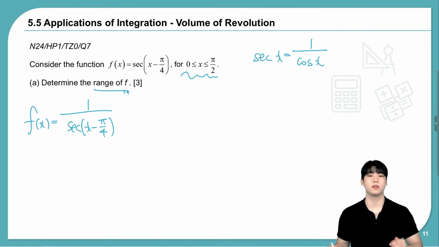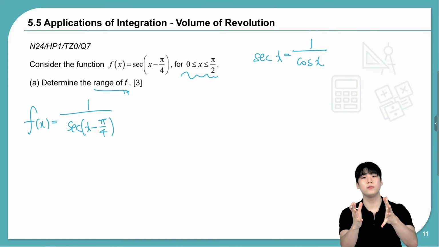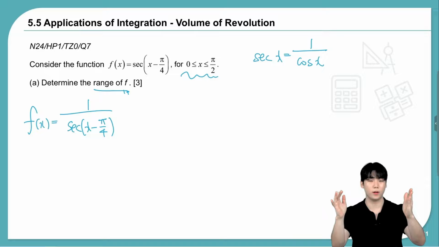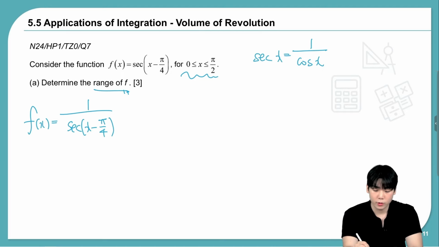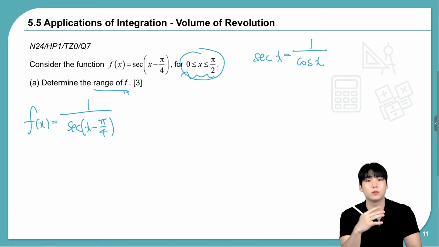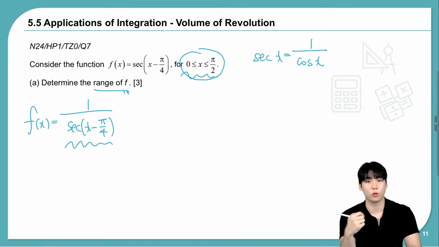And in order to find the range, we know that the cosine function only varies from -1 to 1. And it's periodic. It will repeat every 2 pi for an original cosine x. But we are restricted to the domain from 0 to pi over 2. And we are given this cosine x minus pi over 4 function.